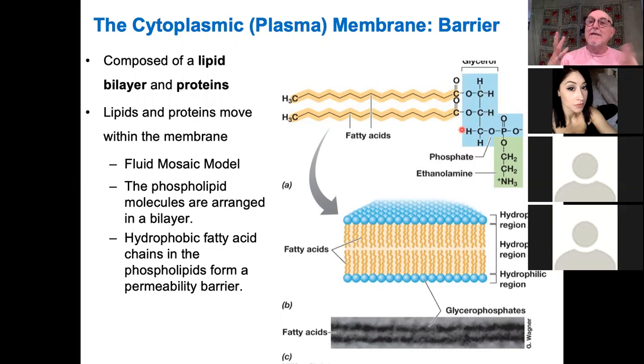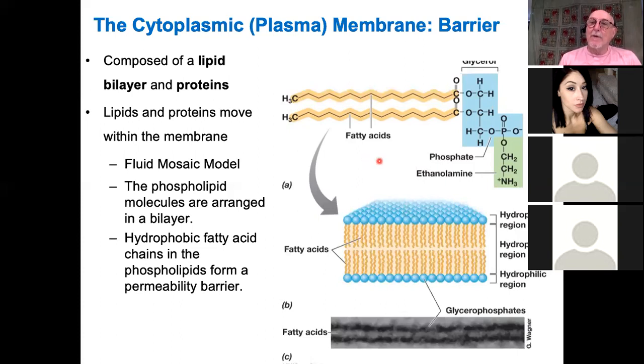So when we take a whole lot of this phospholipid and we put it in contact with water, if we treat it in certain ways, I'll describe it in a little bit more detail in a minute, the only way that this can organize itself so that it satisfies all of the properties of hydrophobicity and hydrophilicity is to organize itself like this.